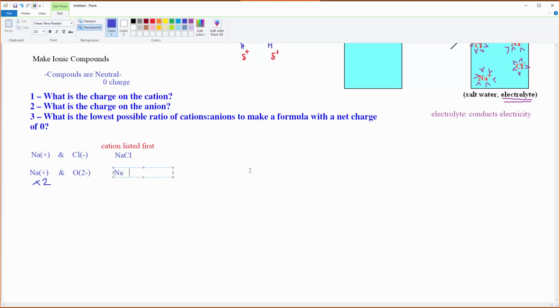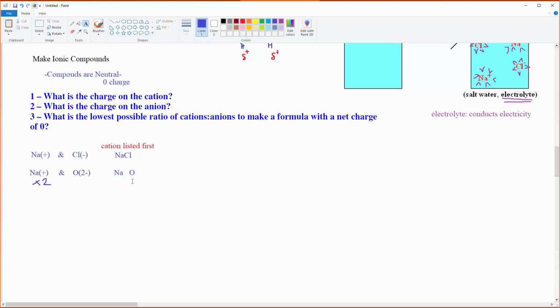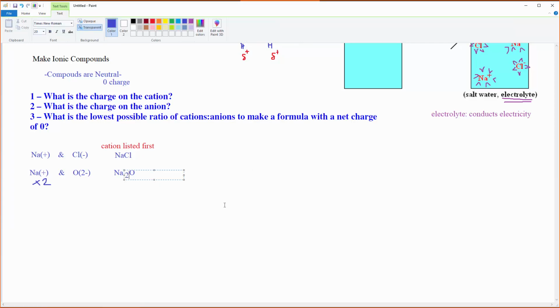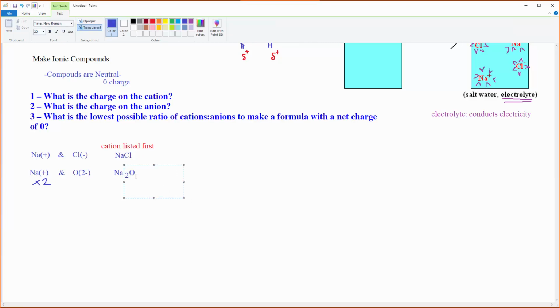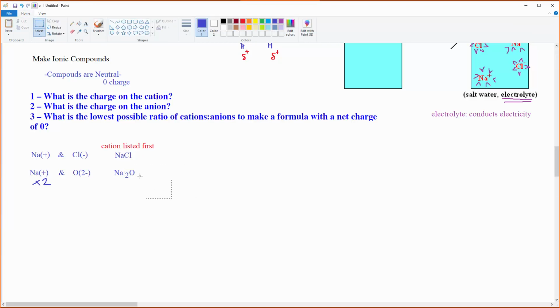So NaO, there's going to be a little subscript 2 there. So that's going to be Na2O. That would be my formula. Sorry, this is not super good for subscripts and superscripts. Just like that. Does that make sense?